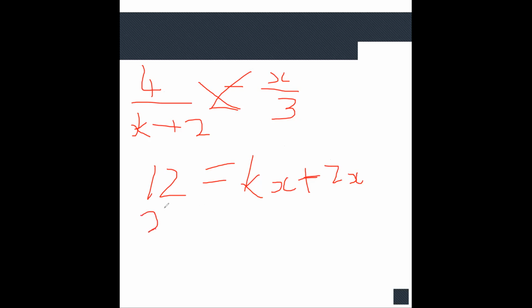Okay, let's try that. Now what? My way to do it is divide both sides by x plus 2x, which is 3x. So our final answer will be 12 over 3x.